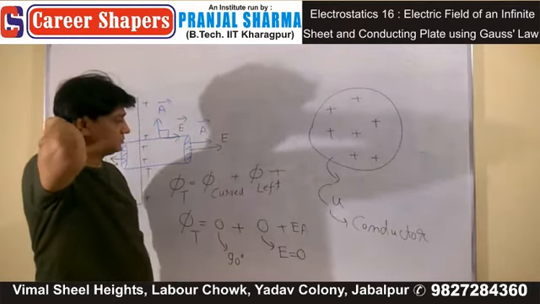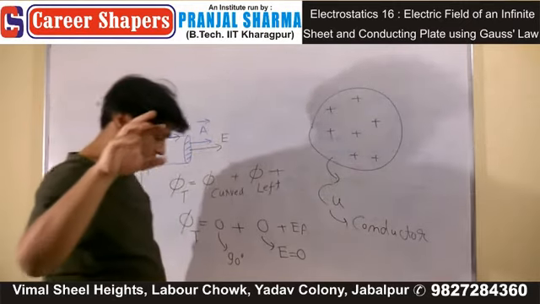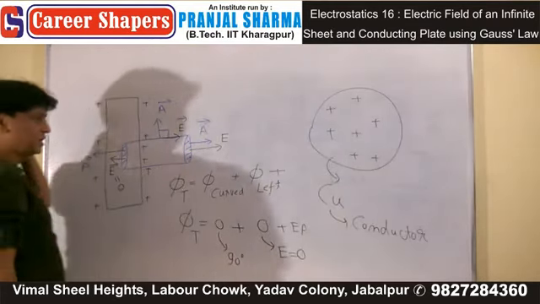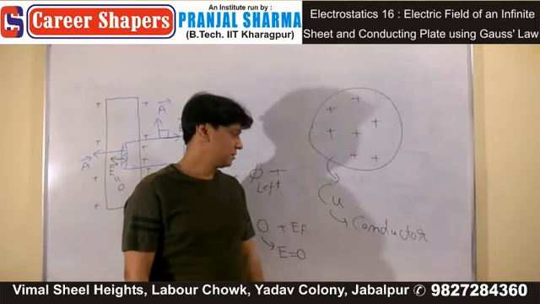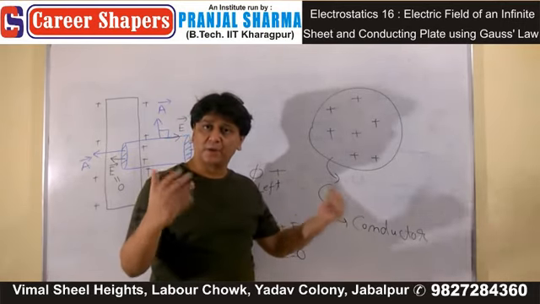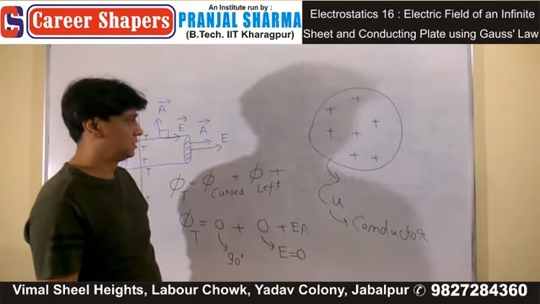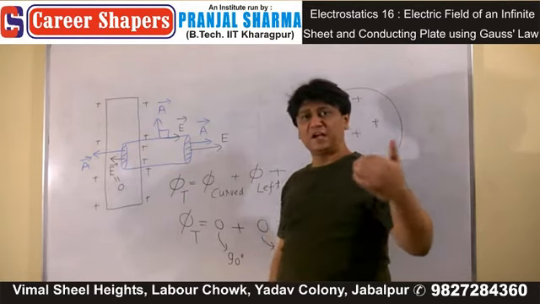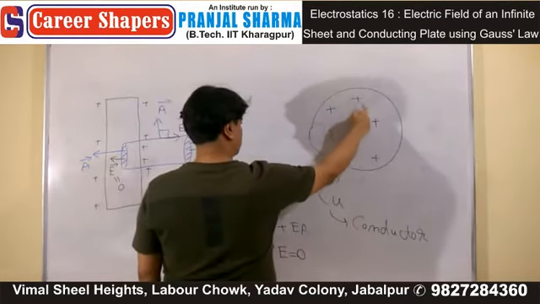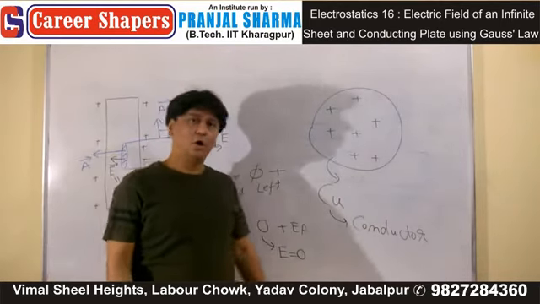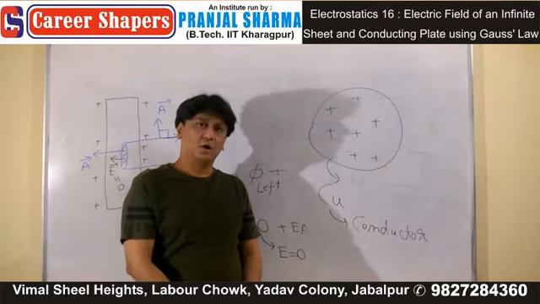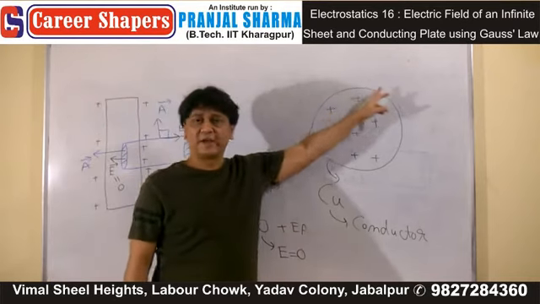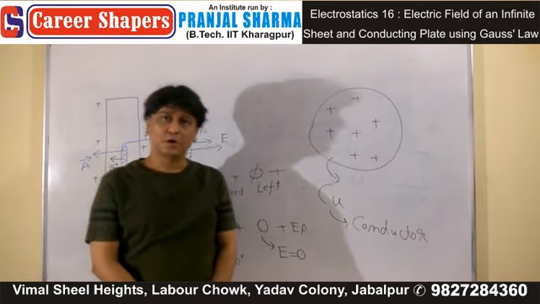Write down the statement. If some charge is given inside a conductor, then due to electrostatic repulsion between individual charges, all the charge rearranges itself over the surface of the conductor.